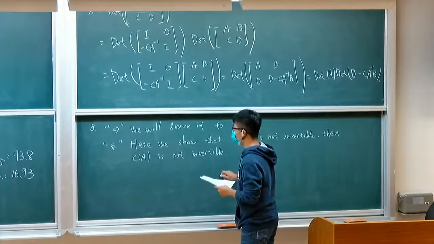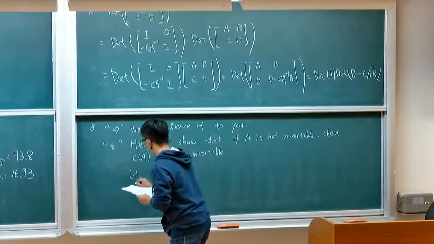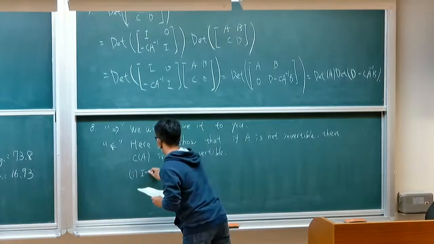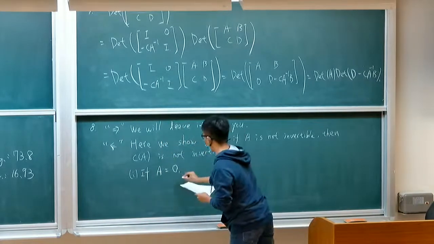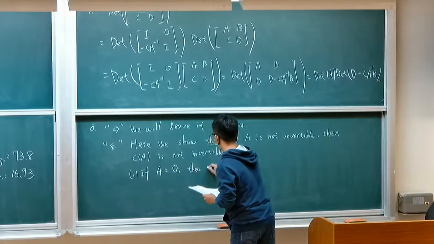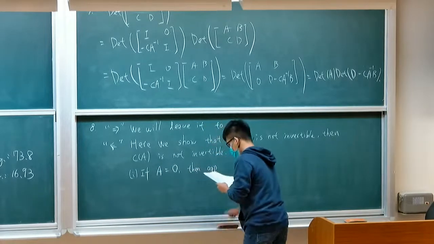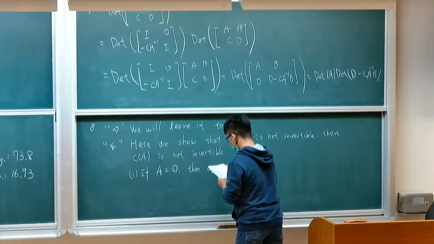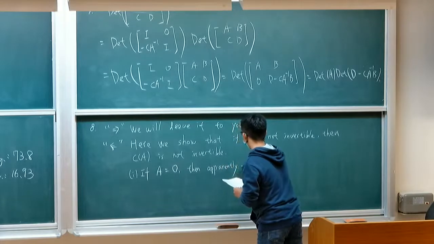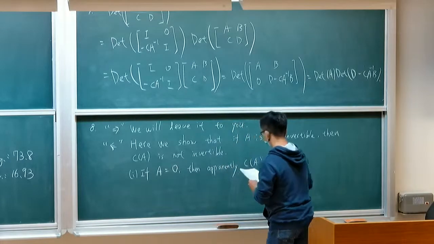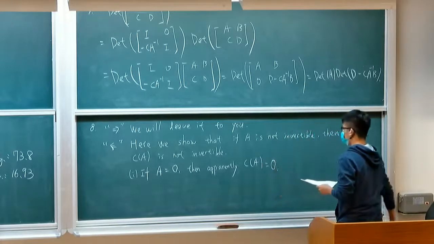Now, we analyze this problem in two cases. First, if A is a zero matrix, then apparently A's cofactor matrix is zero.